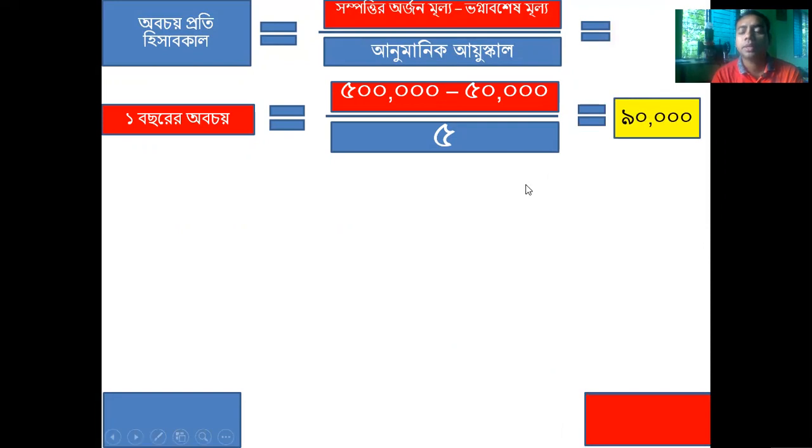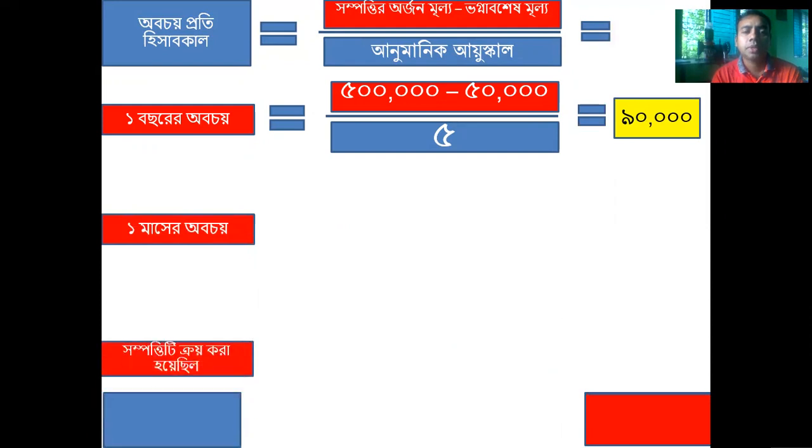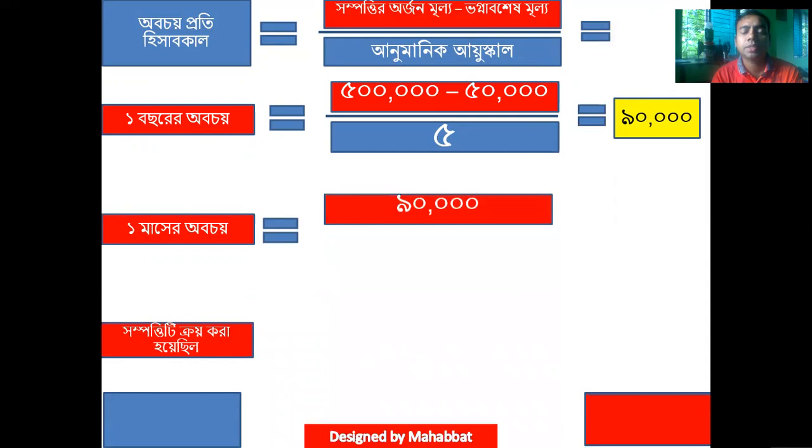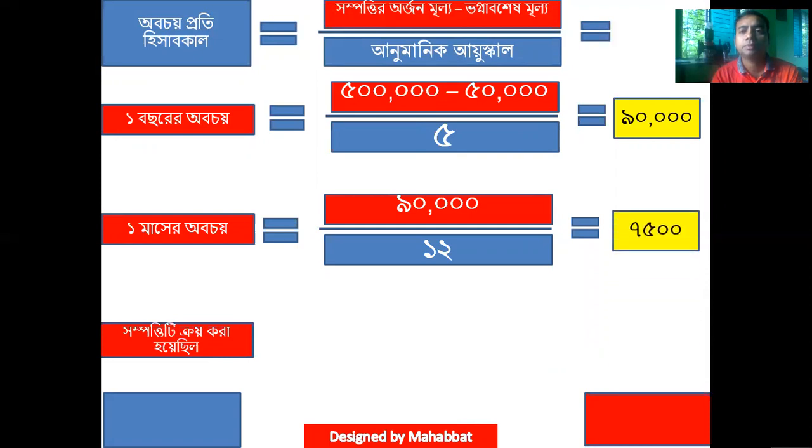Am I right? 90,000. So if we divide this 90,000 by 12, since 1 year equals 12 months, the depreciation for 1 month will be 7,500.